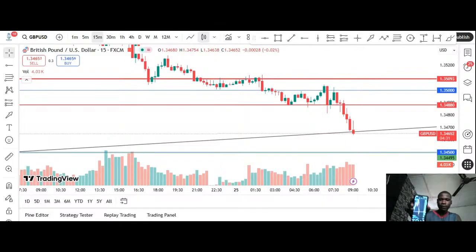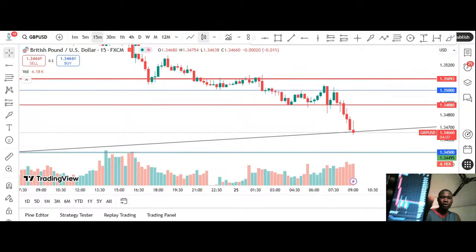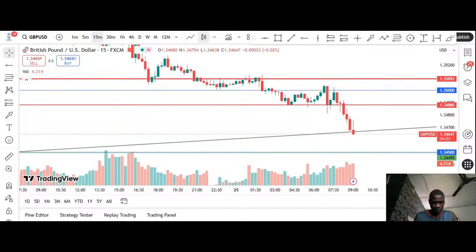This is my MT5. As you can see, I can see a weak rejection at that point. That's a good weak rejection at that point. So we can't go in for a buy now at that weak rejection. The momentum is high. See the 1 minute candle.